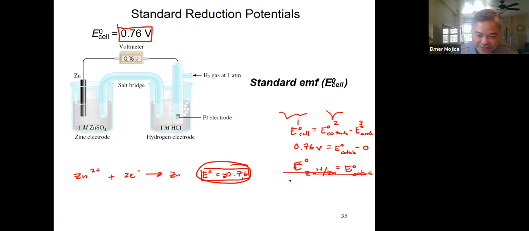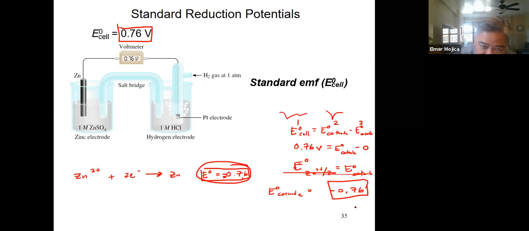So if you rearrange everything here, you will end up with what? E cathode equals 0 minus 0.76. Is that how we end up with this? We know that will end up as negative 0.76.